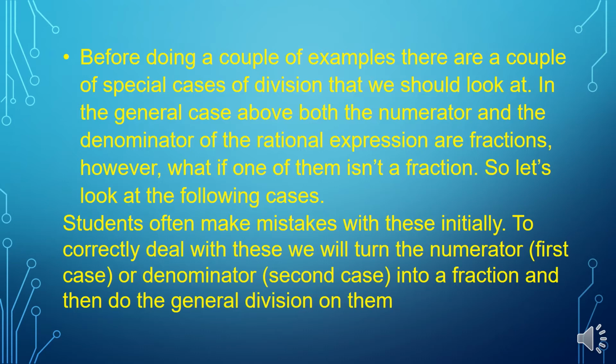So let's look at the following cases, because students like you often make mistakes with this initially. To correctly deal with this, we will turn the numerator, which is the first case, or the denominator, the second case, into a fraction, and then do the general division on them.